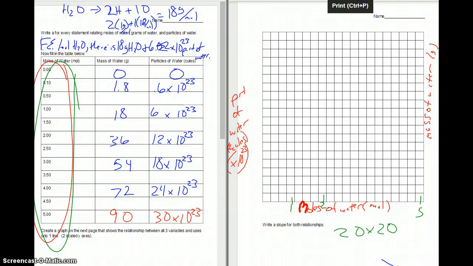Okay. In terms of the mass and the particles, if I look at these 2 values, you can see that they're both related by a factor of 3. In other words, the mass is 3 times the particles. So I need the values on both of these scales.